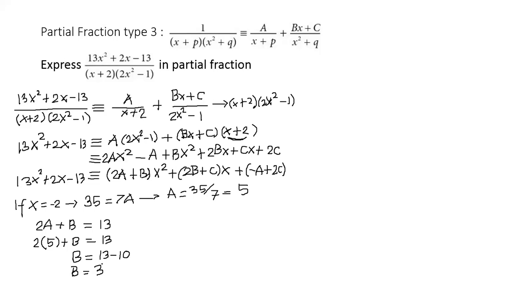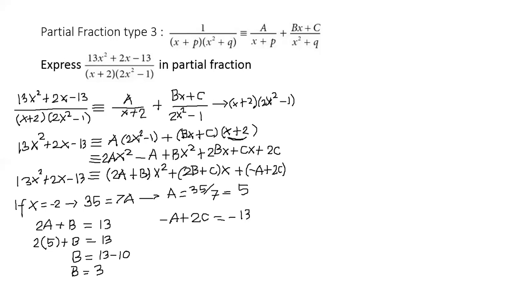Now we are going to find C. In this equation, the constant term: negative a plus 2c equals negative 13.